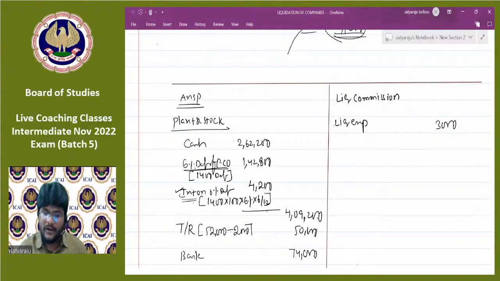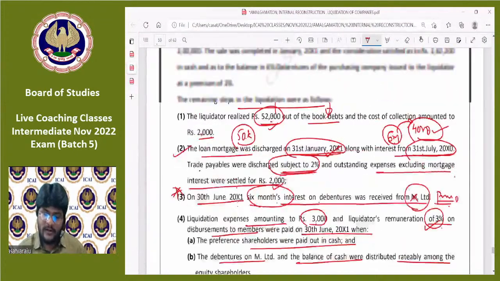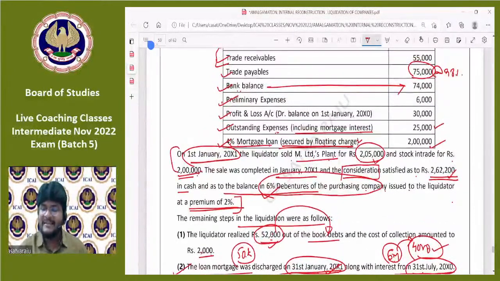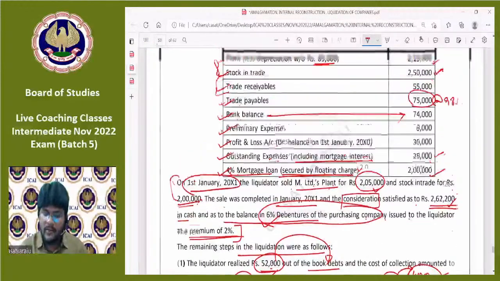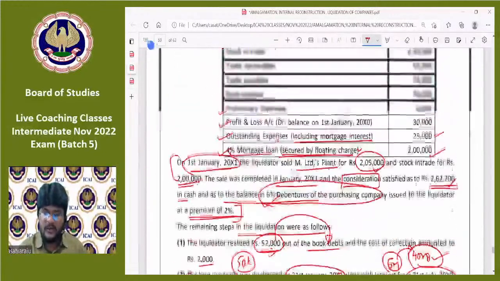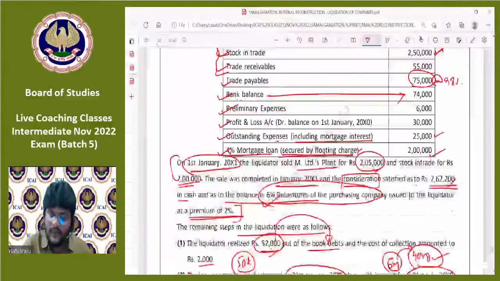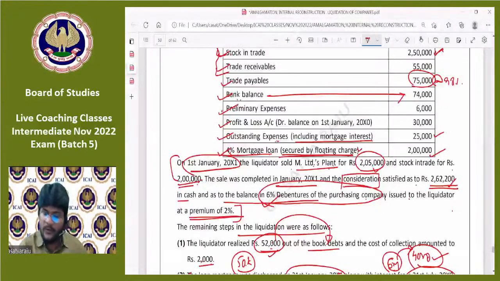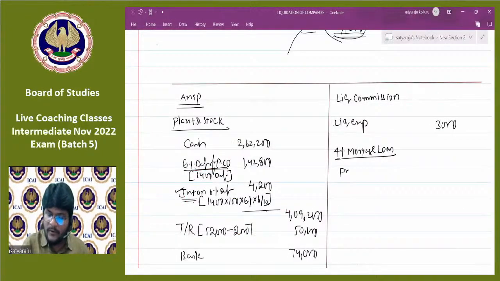Then, are any of the preferential creditors available here? Preferential creditors, please check. Any preferential creditors, taxes, employee remunerations, investigation expenses, death or disablement compensation, is anything mentioned anywhere? I think so. There are no preferential creditors. You can go with secured creditors with floating charge, which was the 4% mortgage loan. Sir, principal was 2 lakhs.